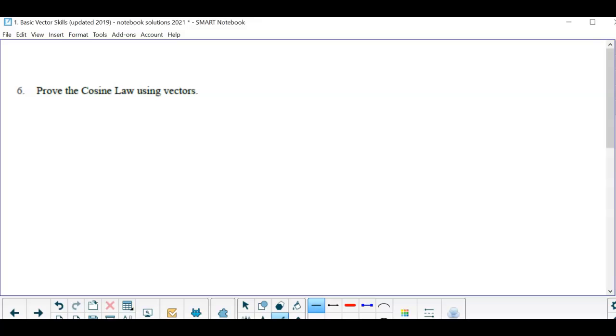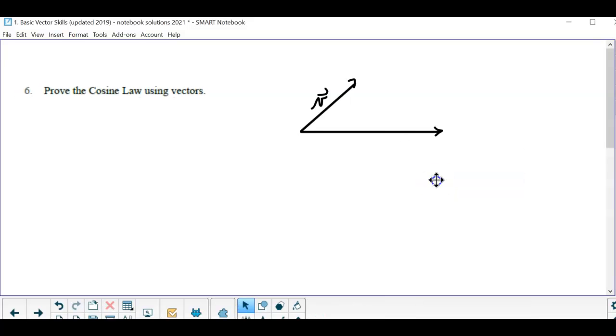So if we just draw a diagram, let's call this V and this W. All right, so then when we join this up to form a triangle, this is going to be W minus V. And so we want to get a relationship between the sides.